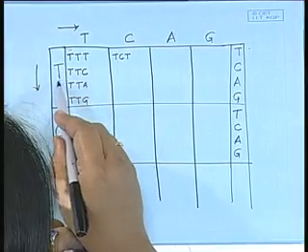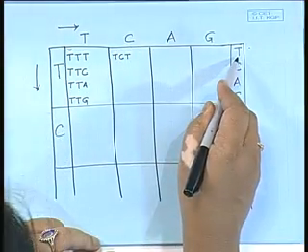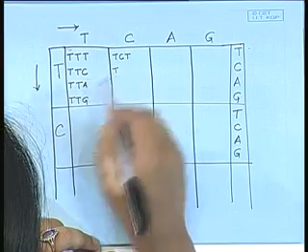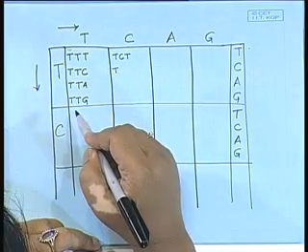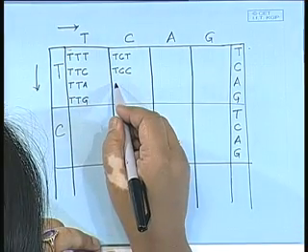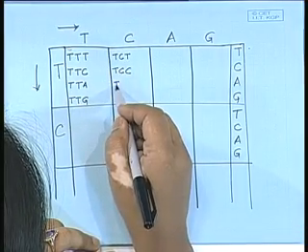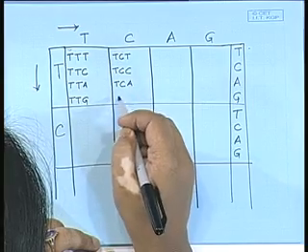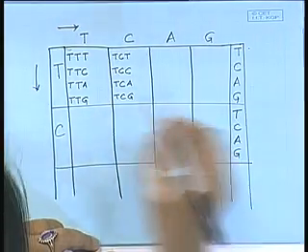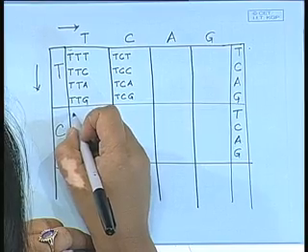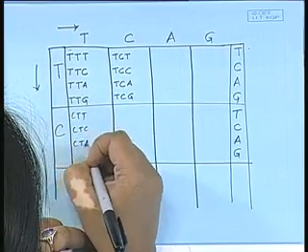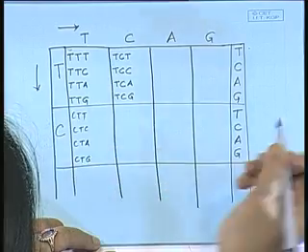So, we have T, C, T. The next one is going to be T, C, C. This one T, C, A, T, C, G, and so on and so forth. Okay. So, this is what your genetic code is. So, this is CTT, CTC, CTA, CTG.